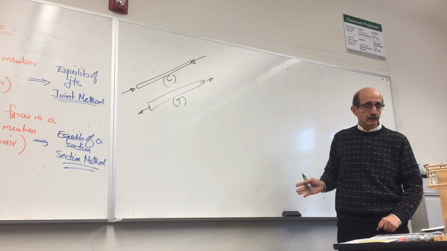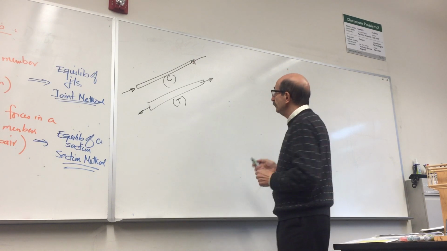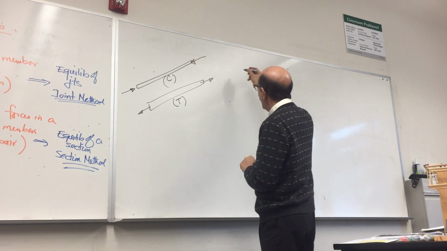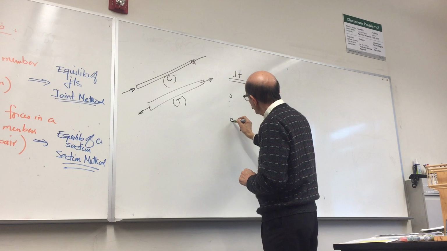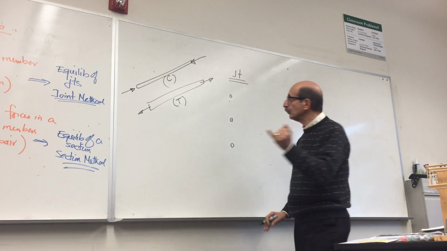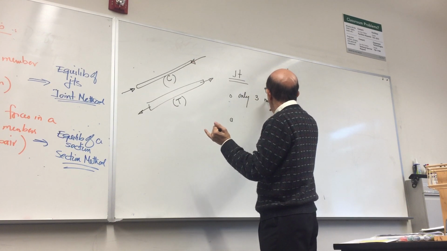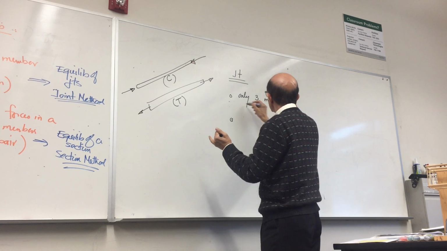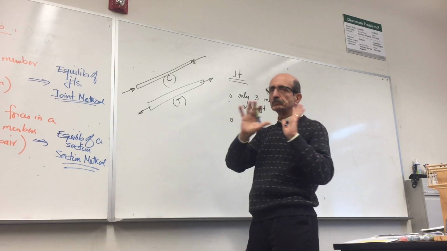As you do that, in analyzing trusses, you may come across a case where you have a joint in which these three conditions all exist. Condition number one is only three members come to that joint. Not four, not five, only three.